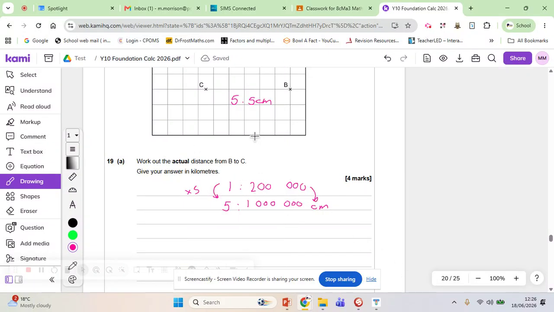But what we need to do is work out what that is in kilometres. So a couple of things that we can do. We know it's in centimetres, so I write down a fact: 100 centimetres is equal to 1 metre, which means to convert from there to there, I've got to divide by 100. And I also know that 1,000 metres is equal to 1 kilometre.